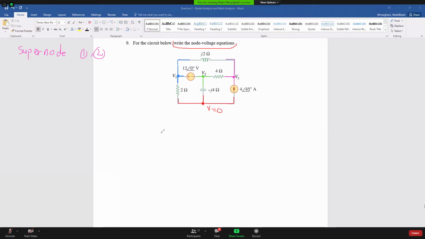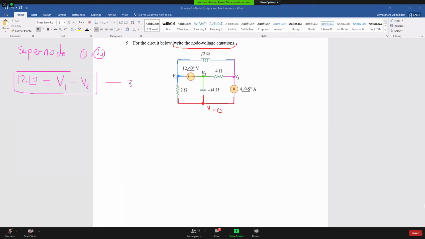So what is the super node? When we have a voltage source between 2 nodes like this, I'm going to say the source equation, 12 angle 0, equals the voltage here, the positive minus the negative. So it's V1 minus V2. This is one equation.